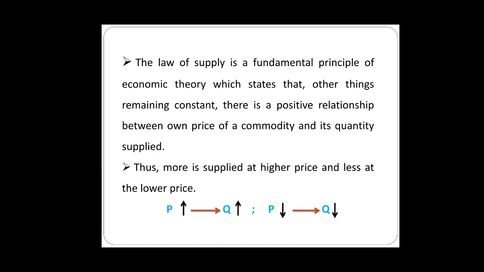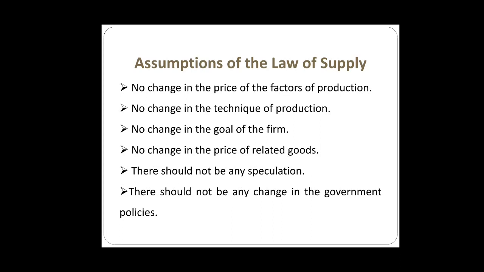Those other things mean the determinants of supply which we studied in our previous lecture, other than the own price of the commodity, such as technology, goal of the firm, government policy, price of related goods, etc., should not change. So we assume these factors of supply constant while describing the law of supply.